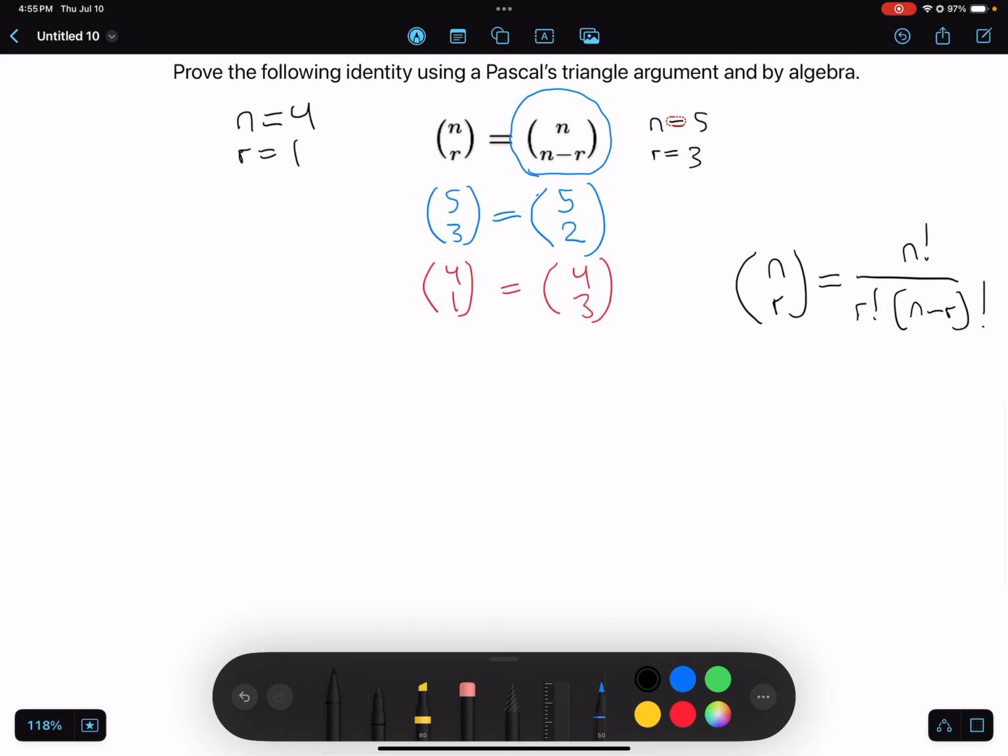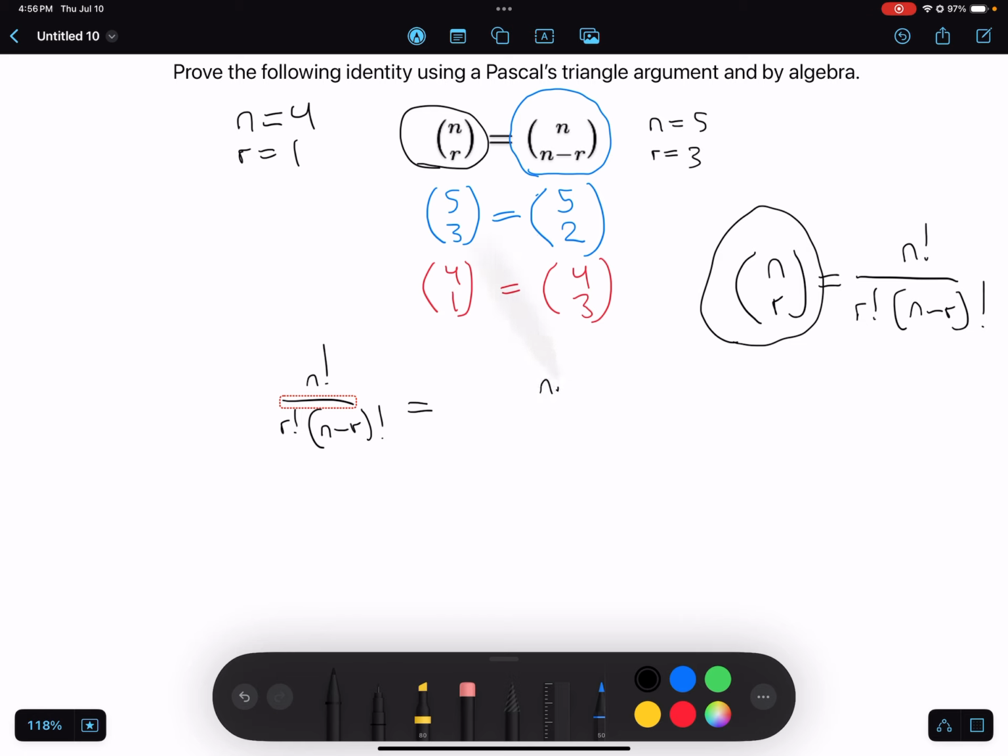Okay, so we're going to start writing this out. We already know that n choose r equals n factorial over r factorial times n minus r factorial. So we can just write that here, because that's literally what we have in the identity. And that's going to be equal to n choose n minus r. So that one's a little bit more complex. We still have the n on top only.